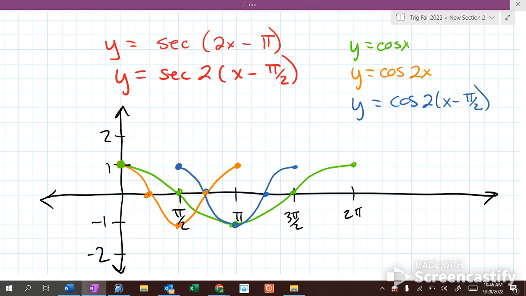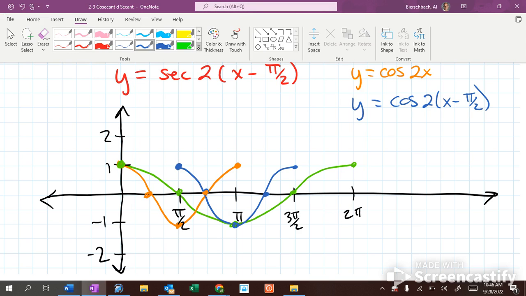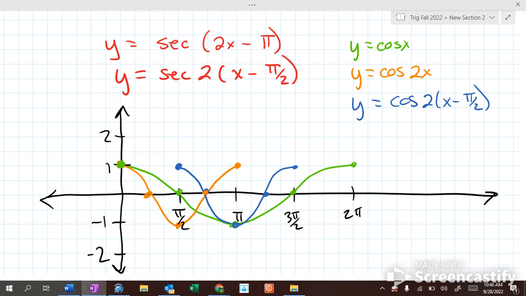Now, where are my asymptotes? Where we hit the x-axis with my blue graph. So it's going to be there and there. And so if they're 4 apart, I'm just going to go back here once.